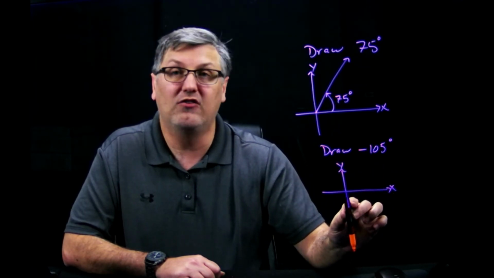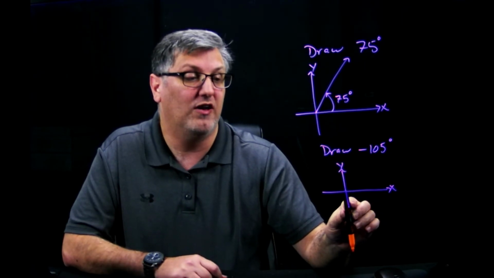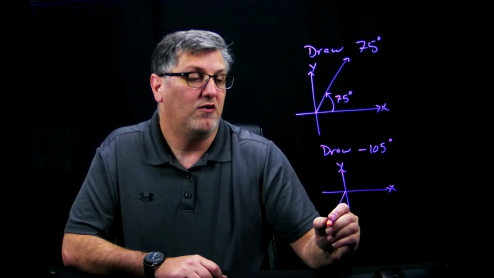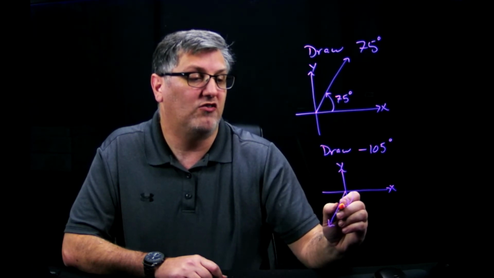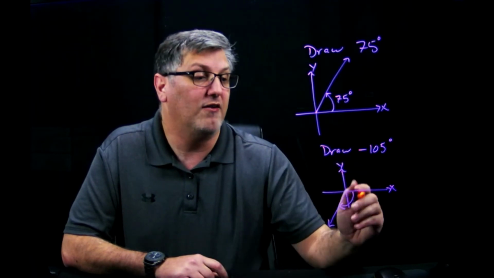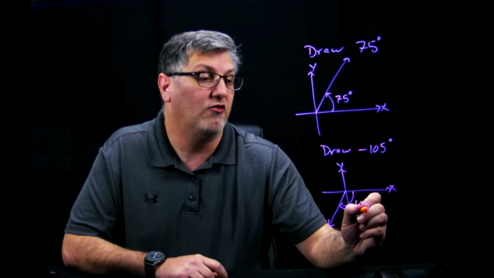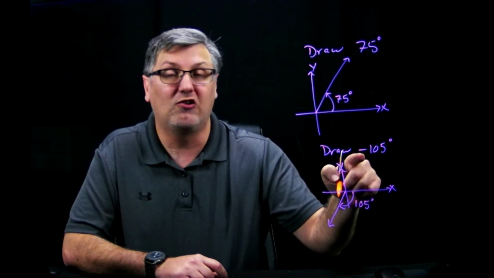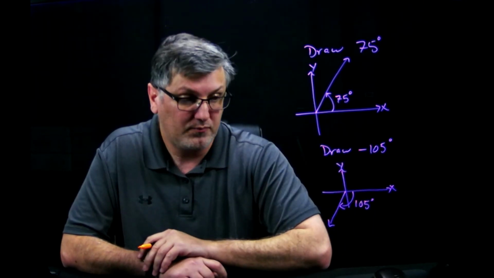Here's 90 degrees, because the axes intersect at 90 degrees, and then another 15 degrees, so right in here. Now I'm going to draw in my rotation. So this way is going clockwise. That's the negative part, and you can label this as 105 degrees, because now you're rotating clockwise 105 degrees. This is clockwise 105 degrees.